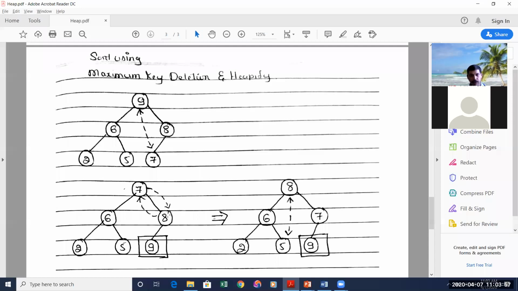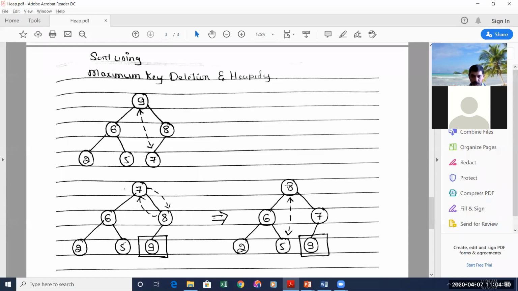Therefore, it has to be brought down. 8 is moved to the root position, and 7 is brought to the position of 8. 7 should not be compared with 9, because 9 is out of the heap now.